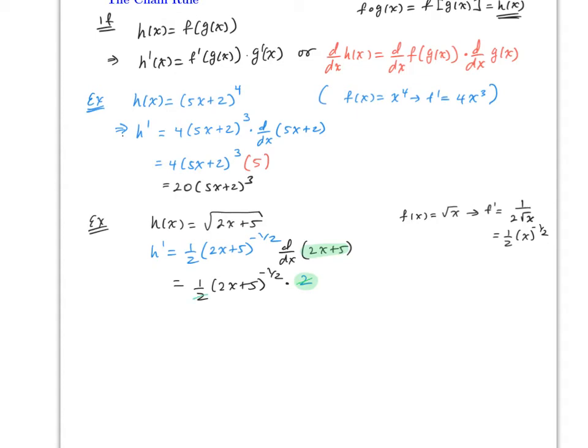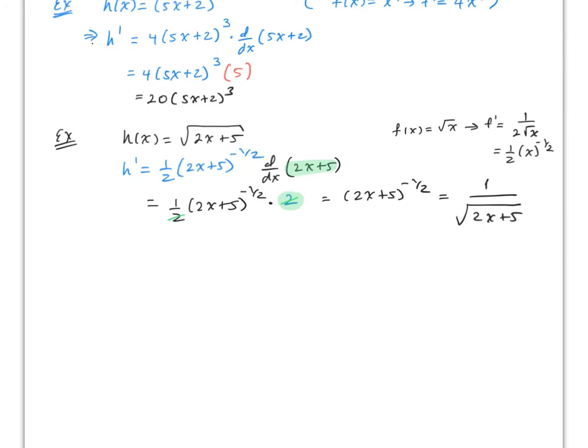So this simplifies to just (2x plus 5) to the negative 1/2, which, if you remember, is 1 over the square root of 2x plus 5, even though this is completely right. All right, so now let's do one where you have to use sine and cosine.